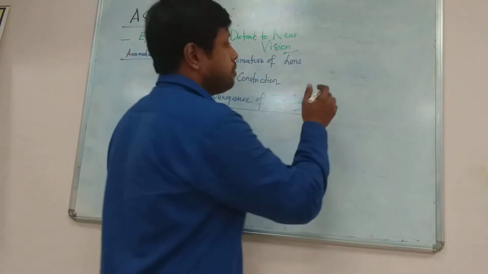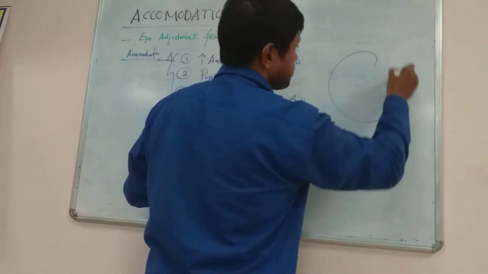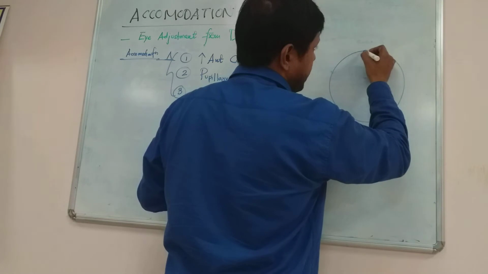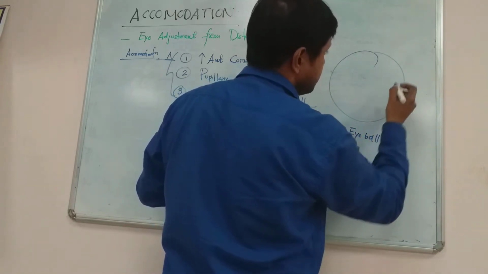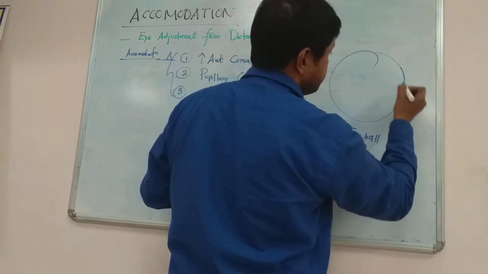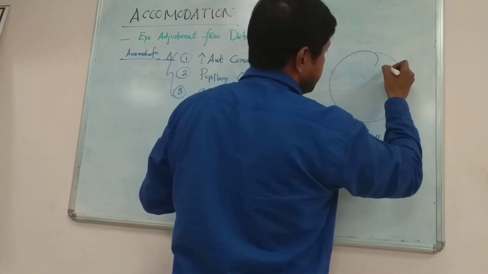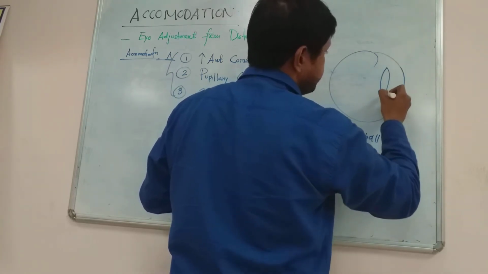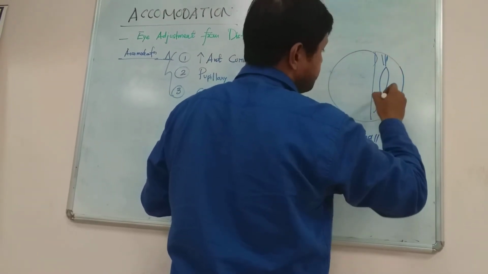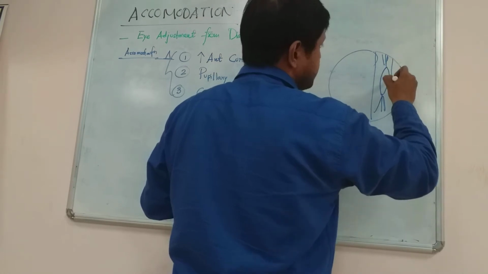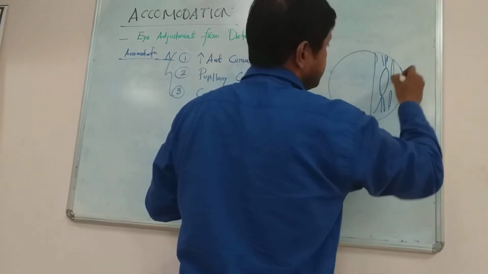So anterior curvature of lens means, this is the eye. This is the eyeball. This is the cornea. This is the lens. These are suspensory ligaments. So these are cilia. And this is the pupil.